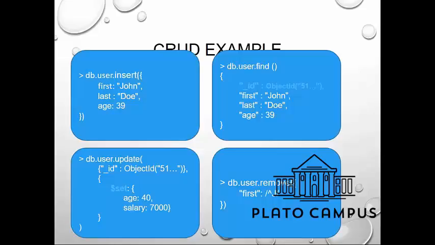For updating I use the set option and I add the age, and along with this I give the salary. Now suppose I want to remove the data. When removing the data, obviously I have to give some particular query for which documents from my number of data are going to be removed. So there I am giving the character J, that means whichever starts with the first name J is going to be deleted.